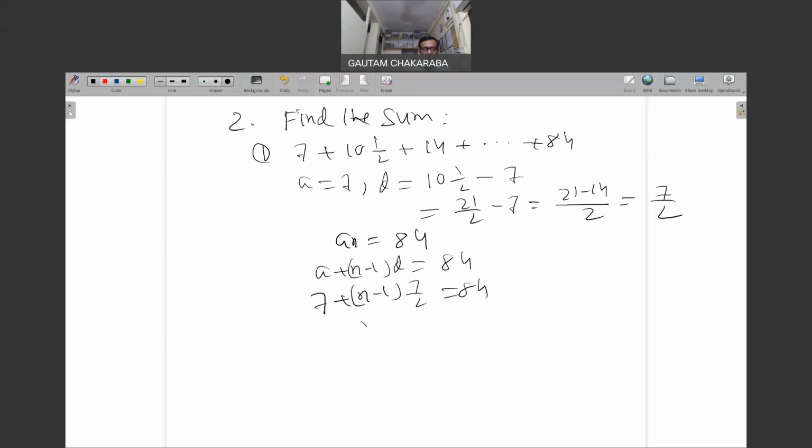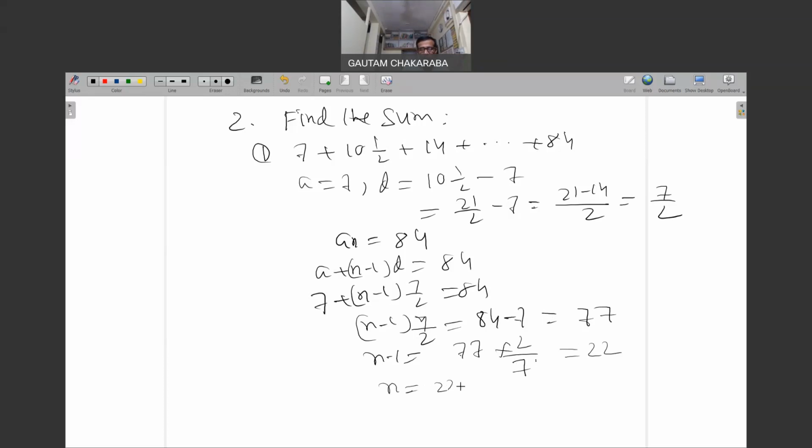So after solving, 84 minus 7, 77, and here reciprocal multiply because divide. So 11, 22, n is equal to 22 plus 1, 23.